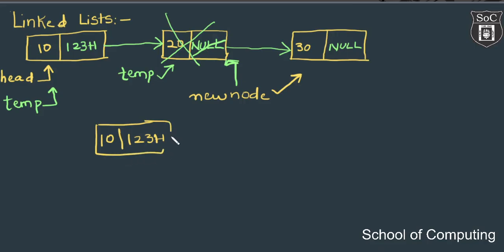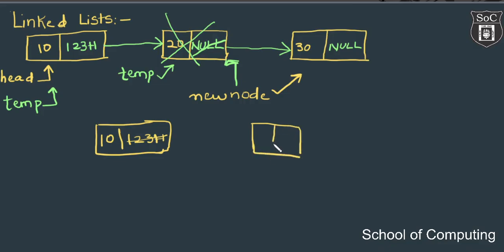Now if I wanted to perform a delete operation, what I need to do, I need to replace 123H, which is the address of the second node. So we have to replace this 123H with the address of the third node.